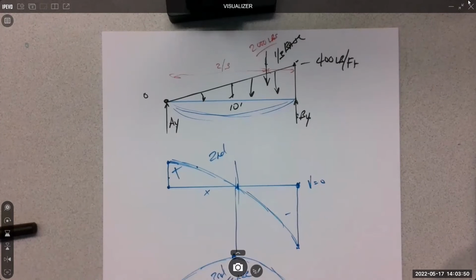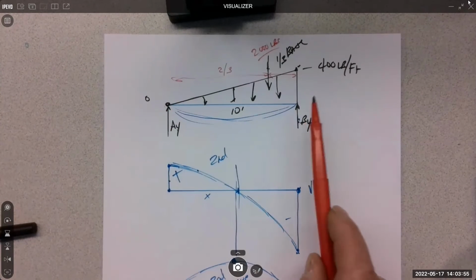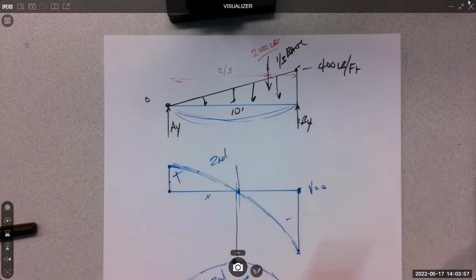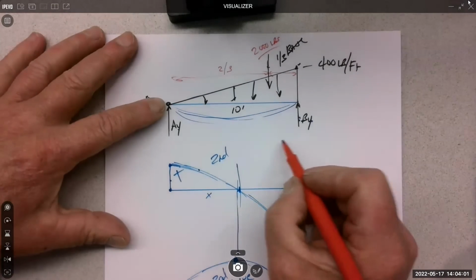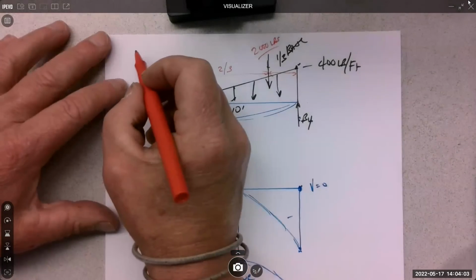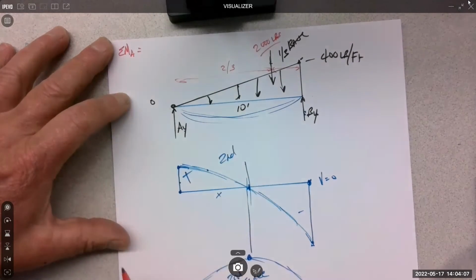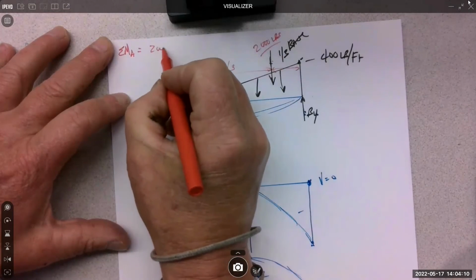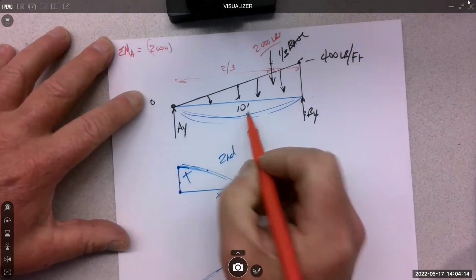So then I can do my moment. Moment about A gives me BY, or a moment about B gives me AY, either way. So I'll do the moment at A, right up here. Give me 2000 times 2/3 of 10.